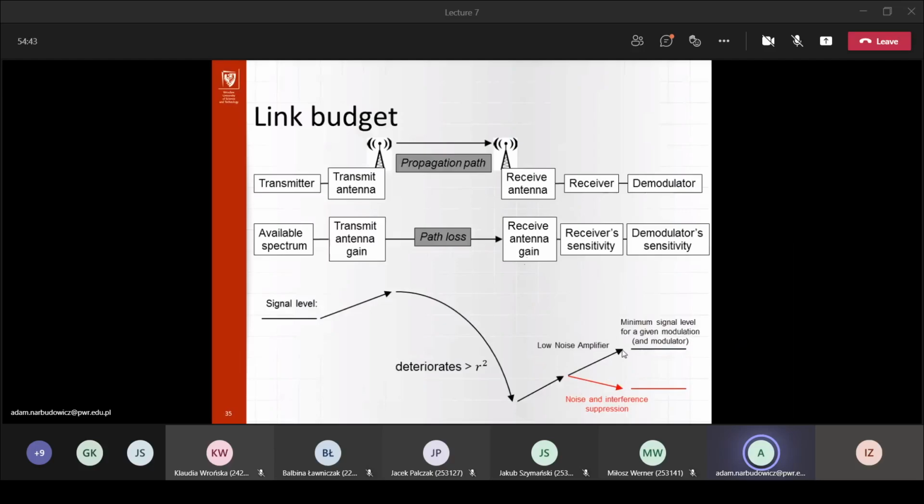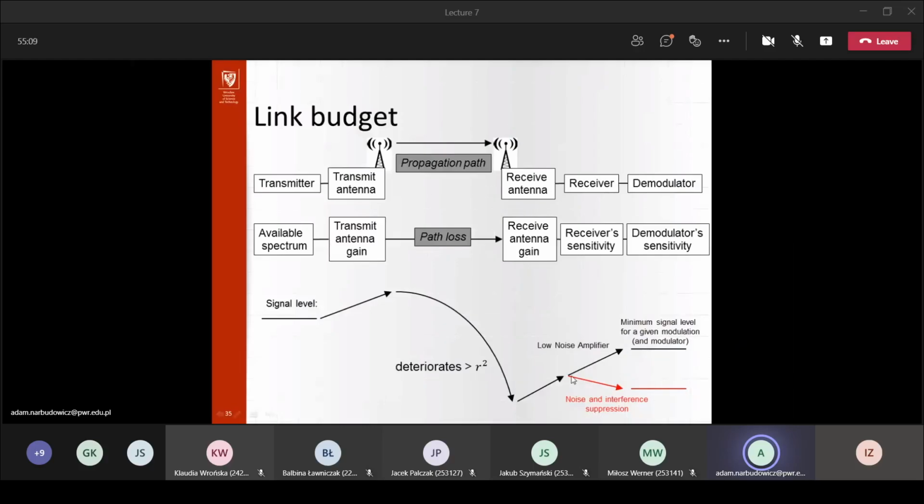But as you know, your amplifier typically will also generate some losses because it's a semiconductor device. However, with the low noise amplifier, your aim is to boost the signal much more than the noise itself, or basically not to add any other noise.